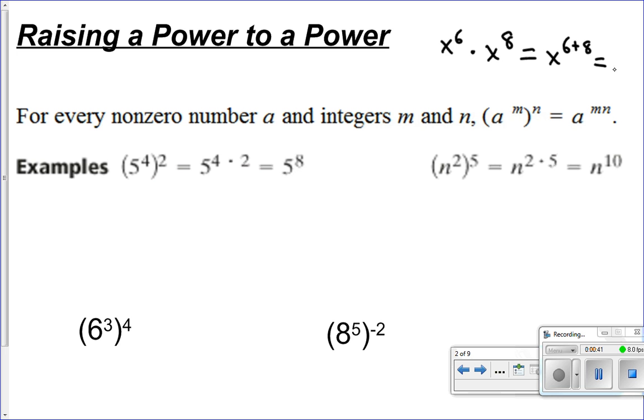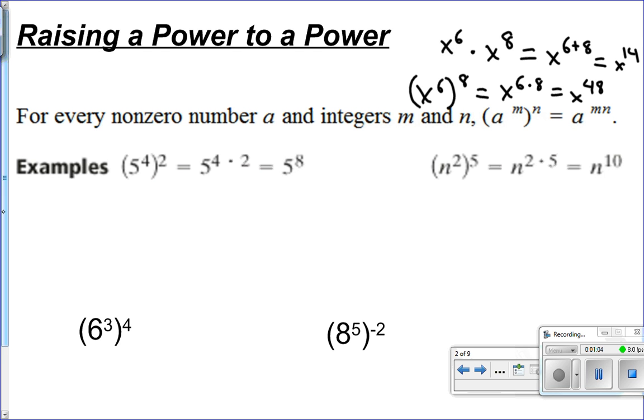That's when the bases are the same, and you get x to the 14th. Now what we have is x to the 6th to the 8th, and that's x to the 6 times 8, which is x to the 48th power. That's the slight difference between the two types of multiplications.